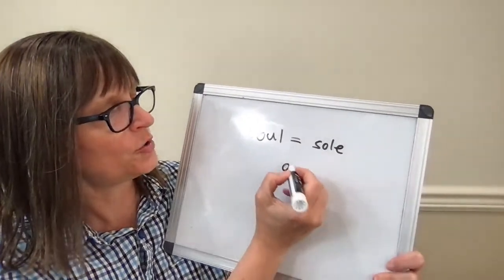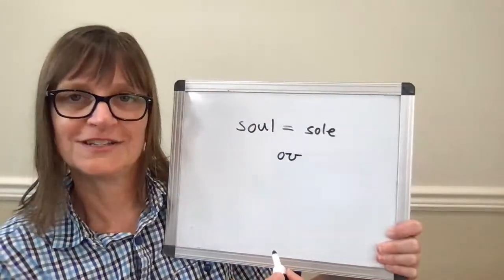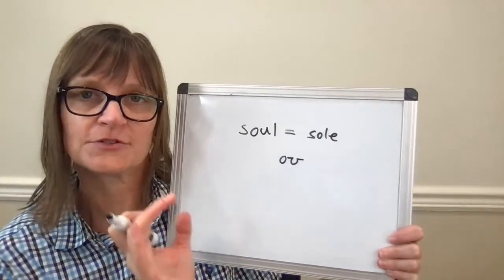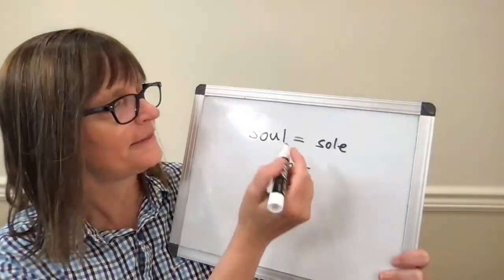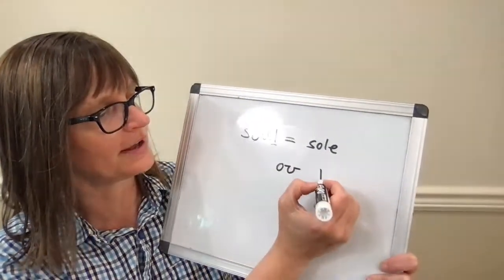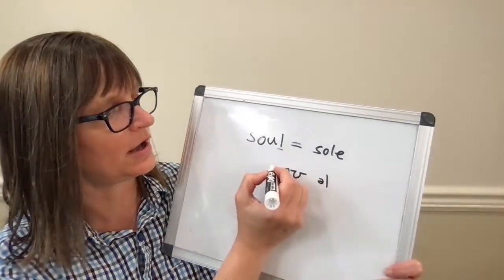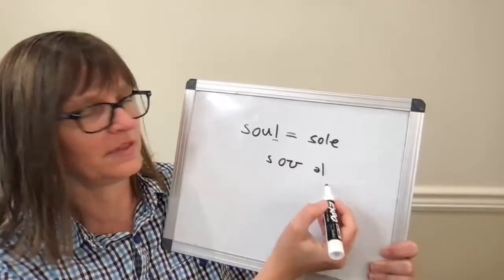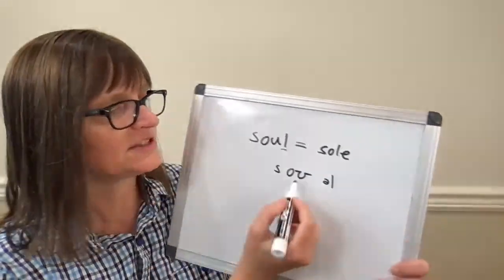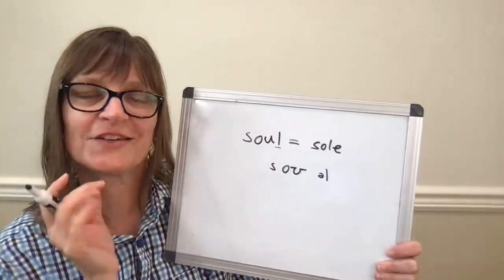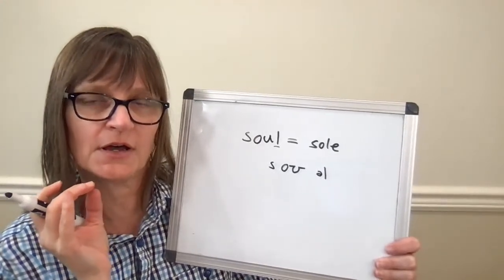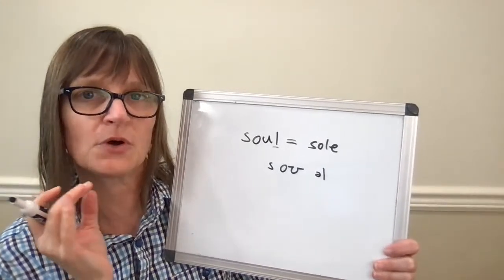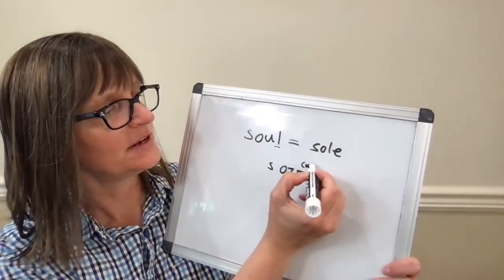We have the O diphthong, so hold your O nice and long, soul. And then the L sound is a dark L, so there's going to be a little bit of a schwa before it. You won't see that in the dictionary, you'll just see it with the L. But because I'm going from a rounded O to a more unrounded sound, there's a little bit of a glide there.